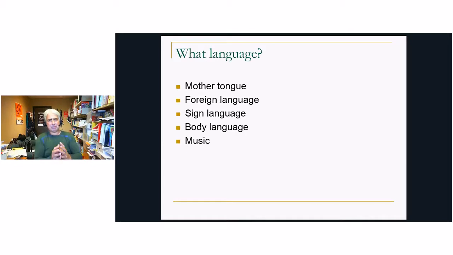Music, again, you can communicate by music. Different types of music will enhance different moods, different emotions that you have a wish to communicate. When you go to the gym for a workout, you might like to have a different type of music than when your boyfriend or girlfriend has just broken up with you and you feel a bit melancholy.